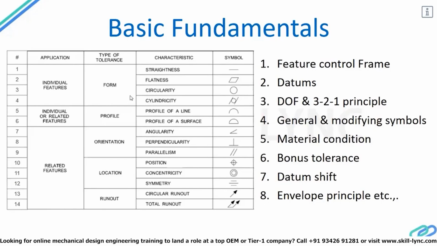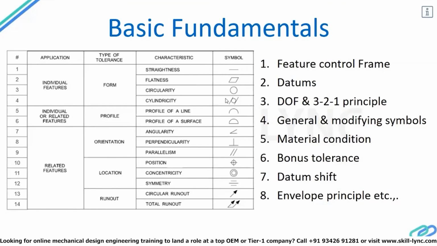For example, form tolerance is further classified into straightness, flatness, circularity, and cylindricity. And the respective symbols available for straightness, flatness are given in this column. You can refer here. So these are the 14 basic symbols and geometrical controls available in GD&T.